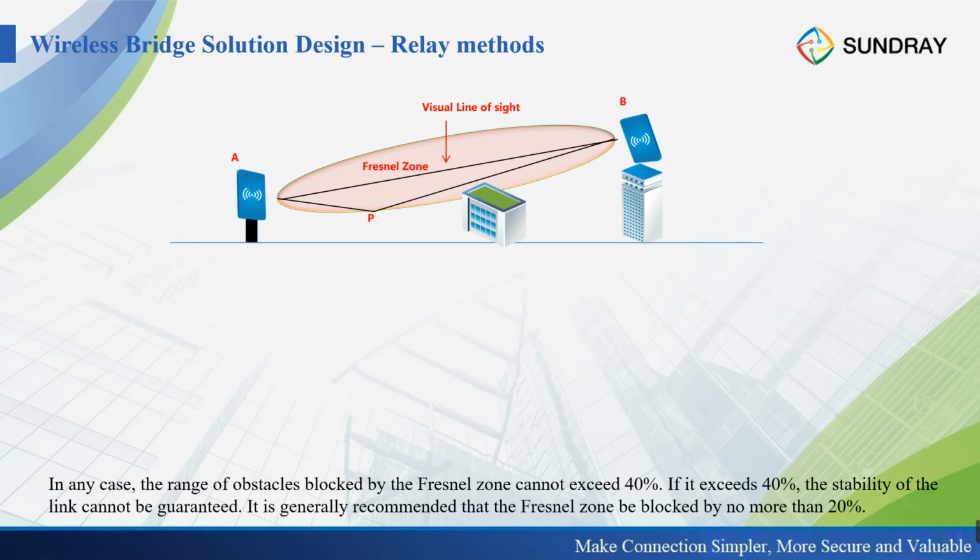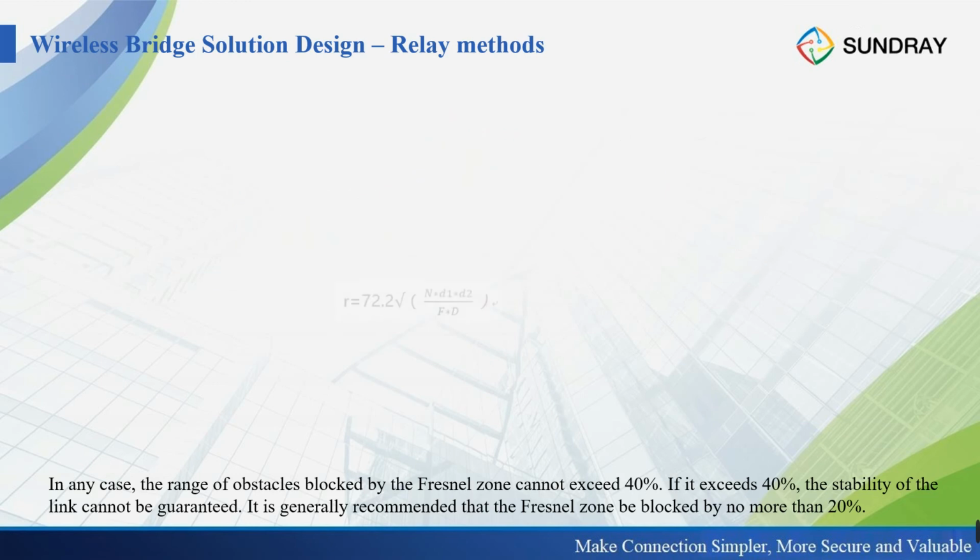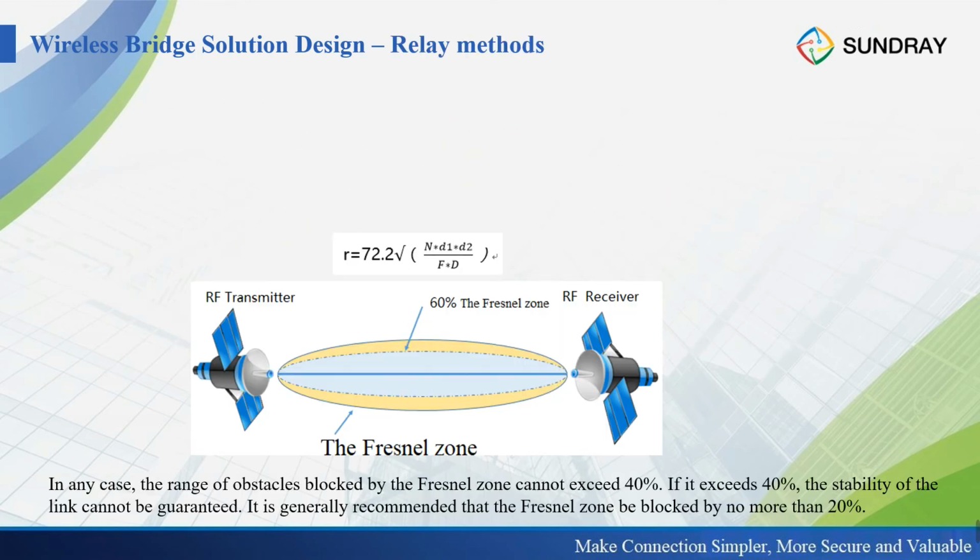When we deploy this wireless bridge and do the installation, we check that the place is without obstacles in the Fresnel zone. The Fresnel zone requirement is that the part blocked by obstacles cannot exceed 40%.